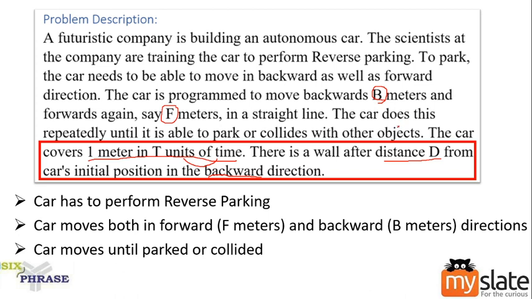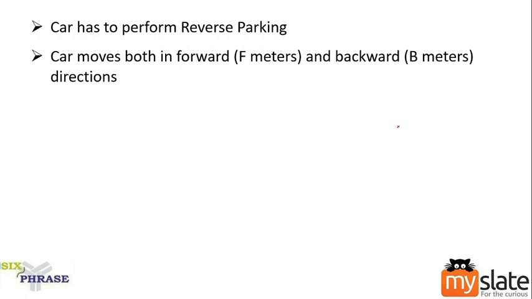Let us recap the data we have so far. The car should perform reverse parking. The car can move in both forward and backward directions by f meters and b meters.